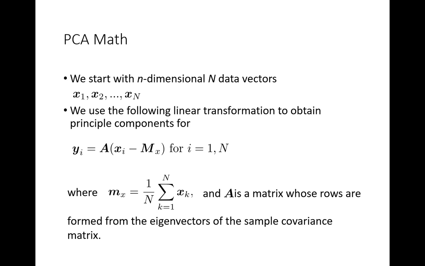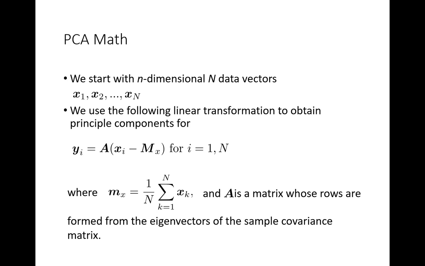So let us assume that we have capital N data vectors, and each data vector has n dimensions, where we are talking of a small n. So a small n is the number of dimensions. Capital N is the number of data vectors. What we can do is use a linear transformation to apply principal components.